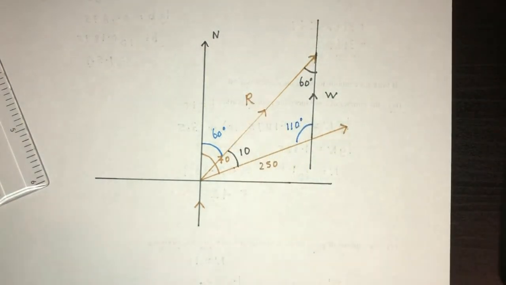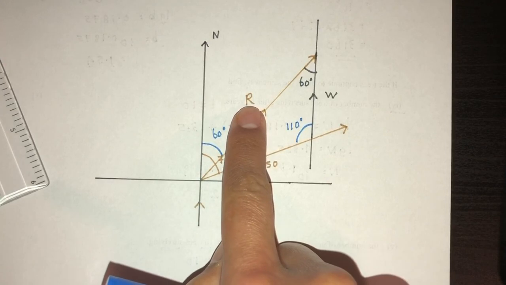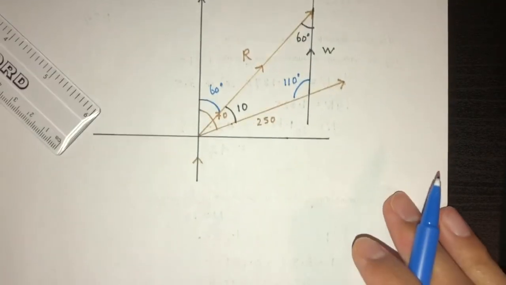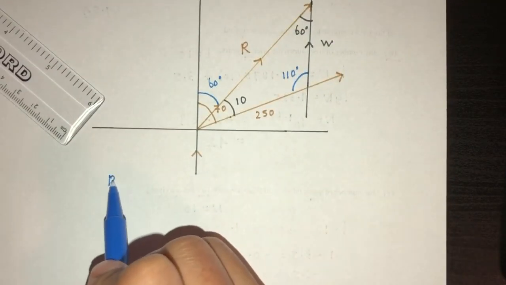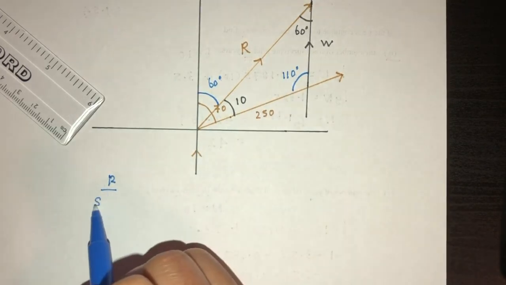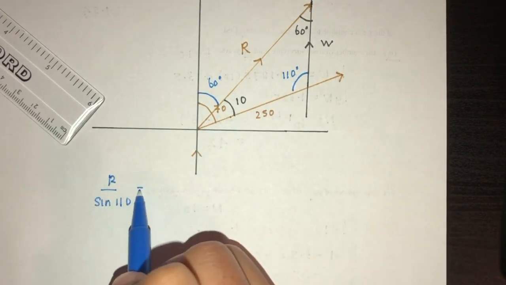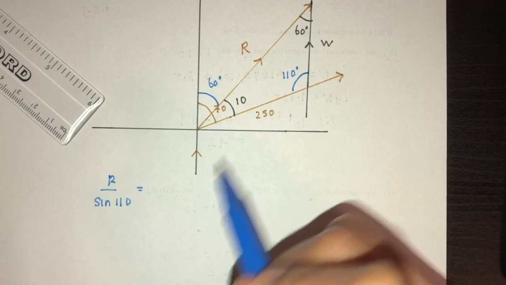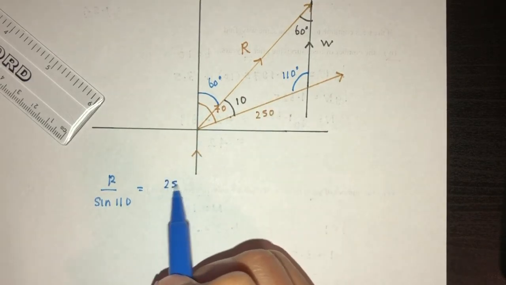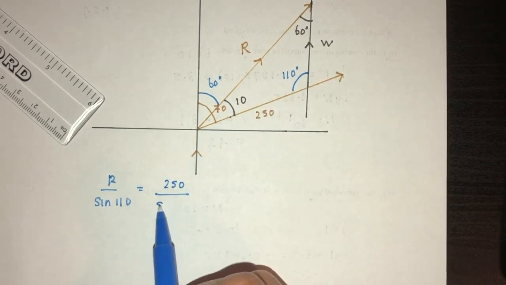So now you can find those speeds pretty easily. This will be found by using the sine rule again. So resultant speed will be R over sine of 110 is equal to, we know this one, which is 250 over sine of 60.